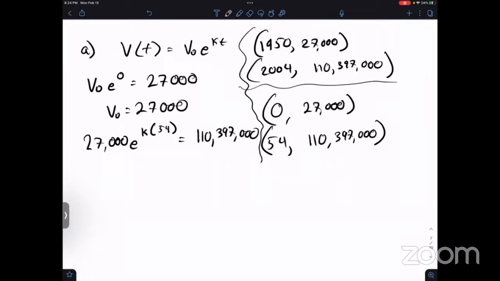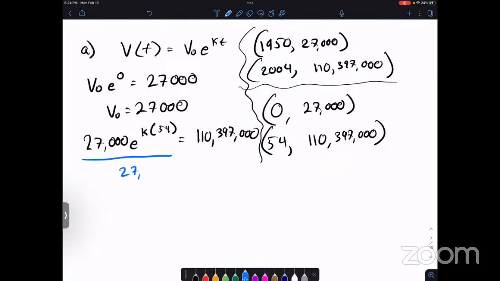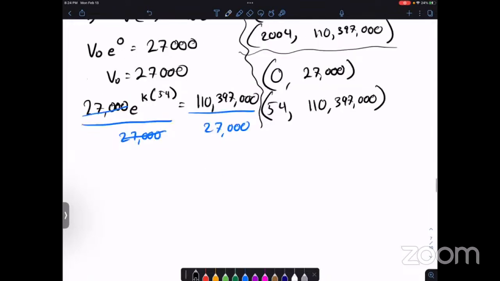First, we're going to divide both sides by 27,000. Then E to the 54K equals 110,397,000 over 27,000. Then we're going to take the natural log of both sides.